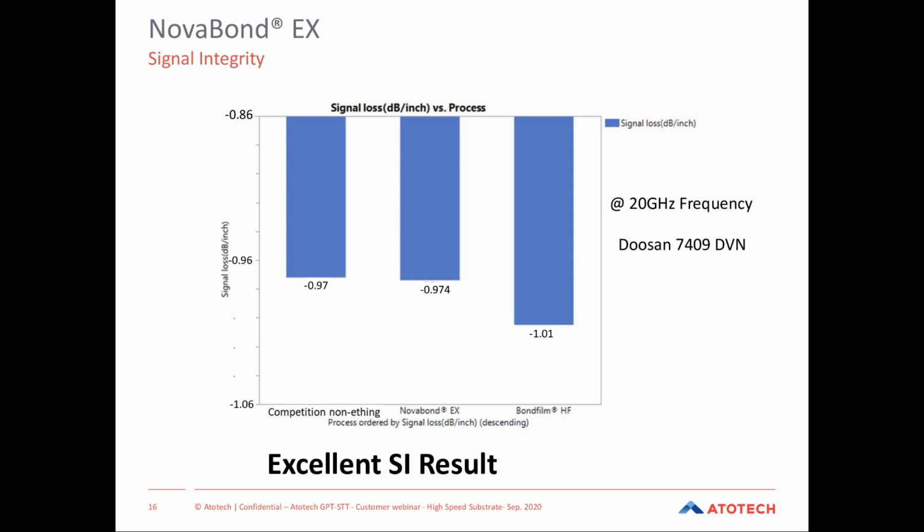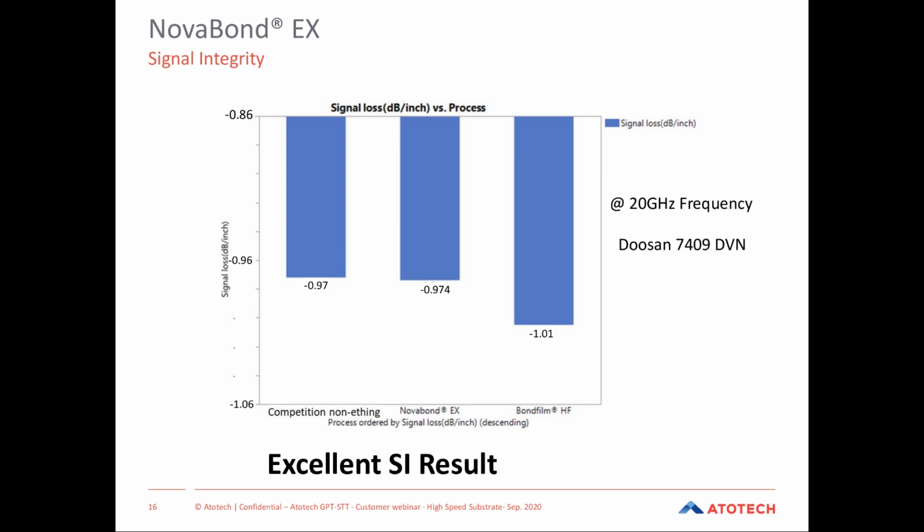Last, what is very important, of course, is that we are always talking about high-speed substrates, so we need to show the performance on signal integrity, isn't it? Here we represent it by showing the signal loss. The higher the number in negative, the more signal loss, and the lower the number in negative, the lower the signal loss.